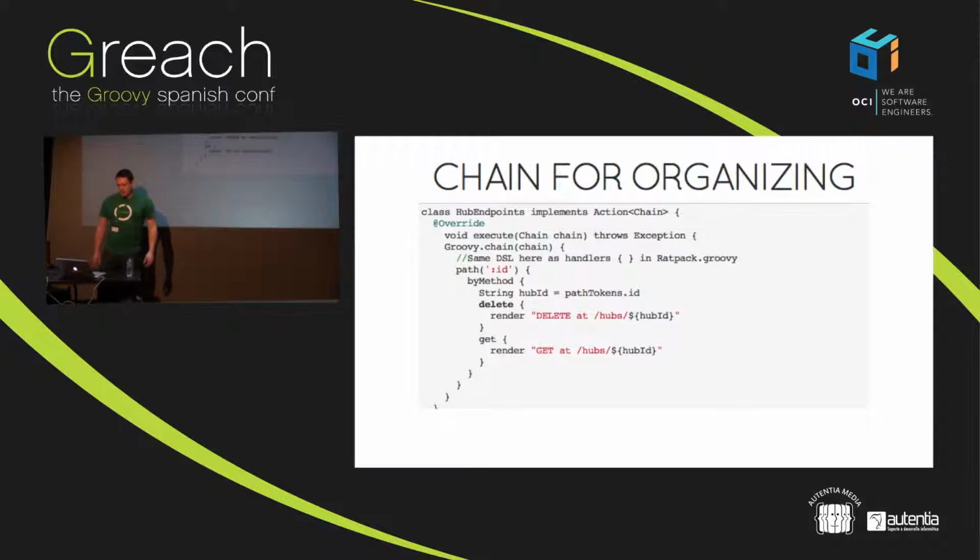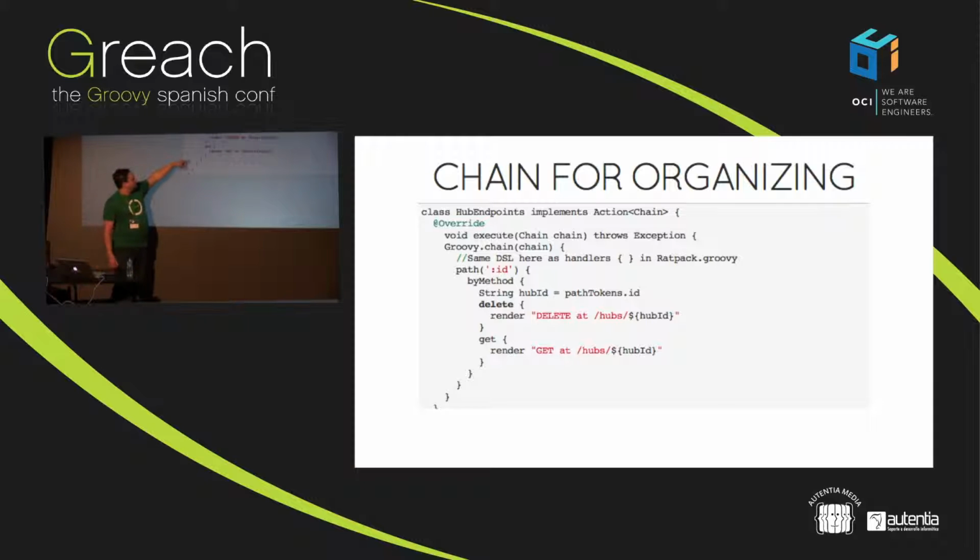So to do an actual chain, what you end up doing is you implement the action chain, and then by having this groovy.chain, you end up with the same DSL that's in the handlers block, but you've bound it underneath the prefix of like /locations. In this case, it's /hubs.